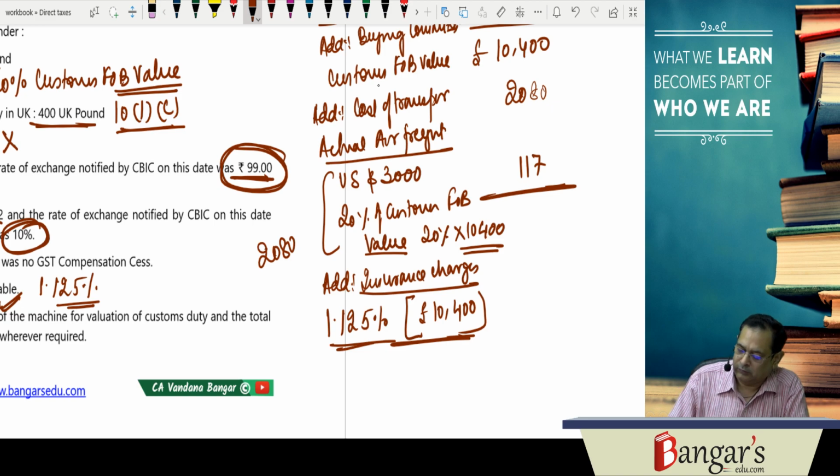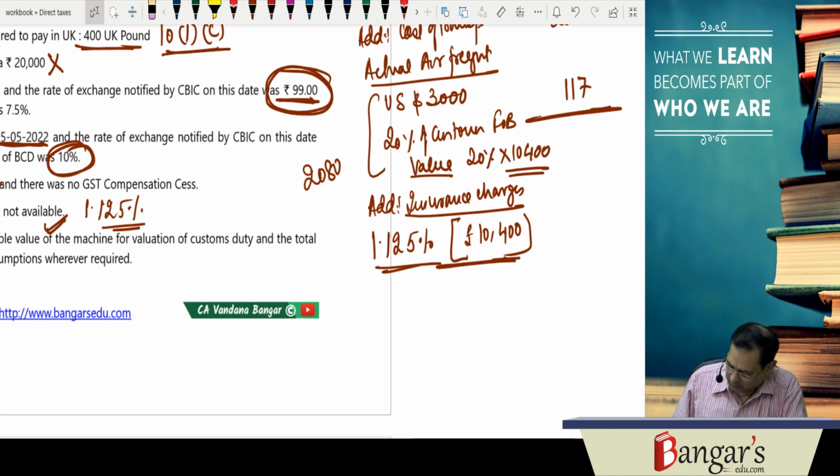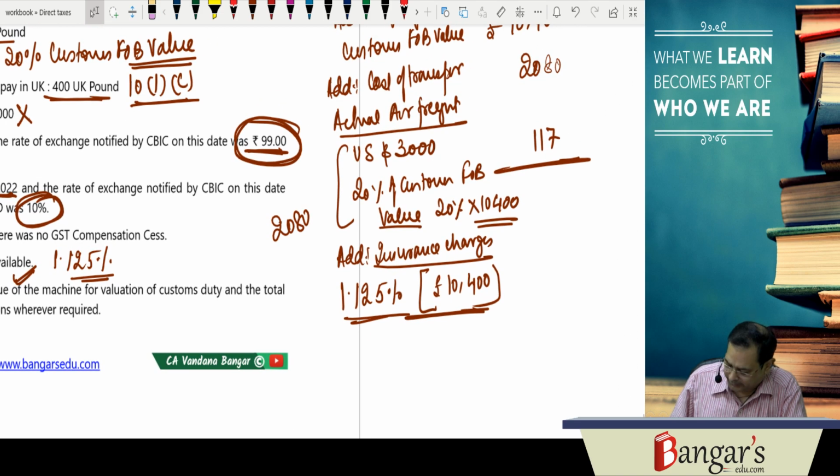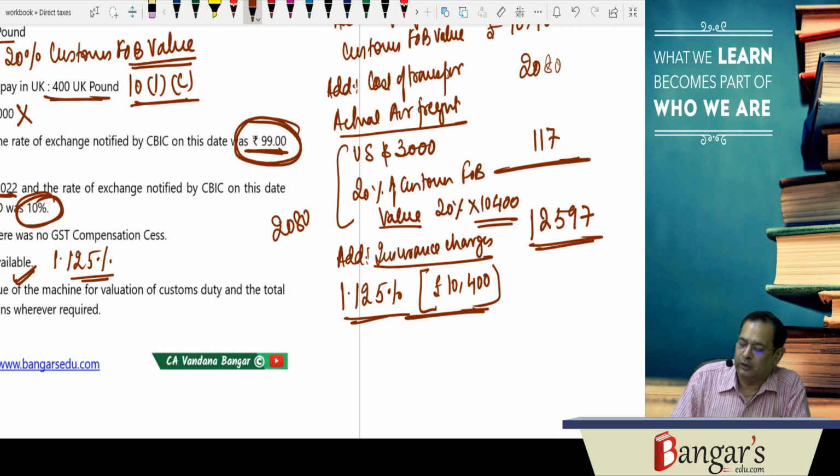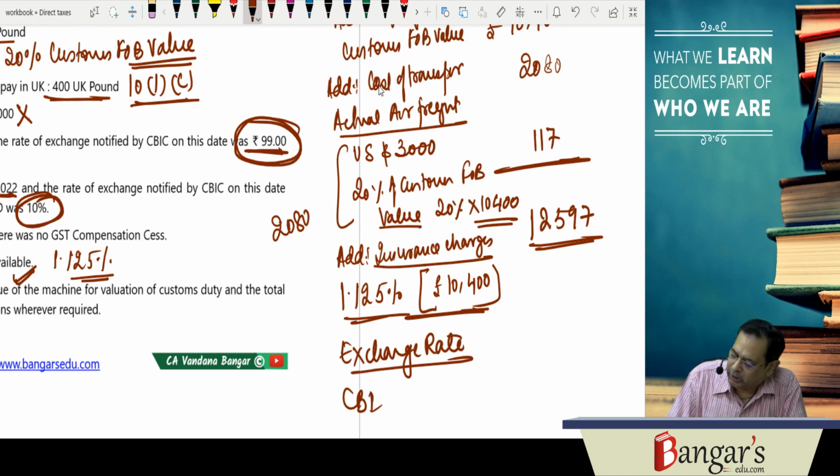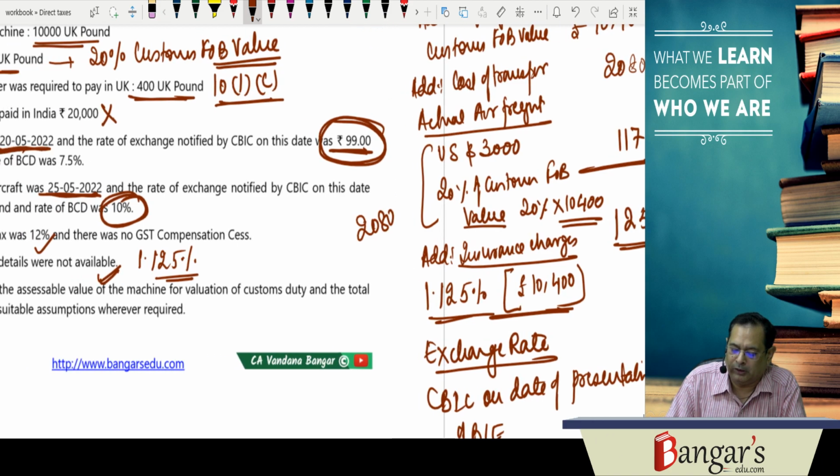So it is 10,400 plus 2080 plus 117, that is 12,597. Now the exchange rate: you have to apply the exchange rate as notified by CBIC on the date of presentation of bill of entry.